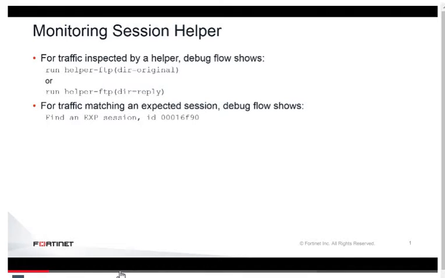The debug flow shows the name of the session helper, if any, that is inspecting the traffic. In this case, it is the FTP session helper. Also, for traffic that matches an expected session previously created by a session helper, the debug flow shows the message, "Find an EXP session."